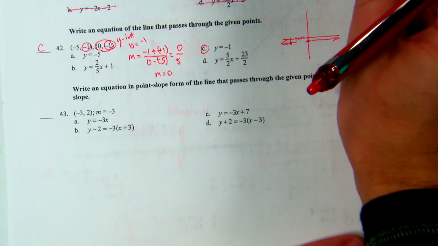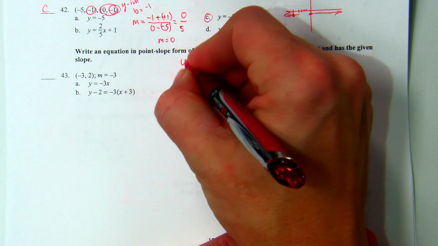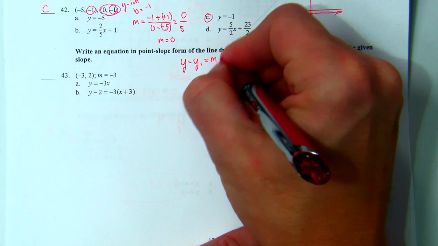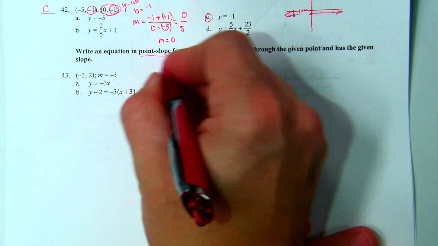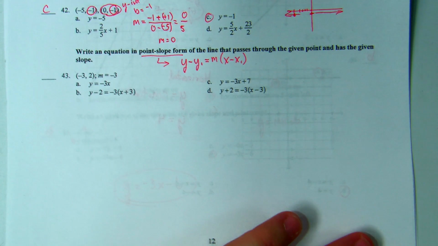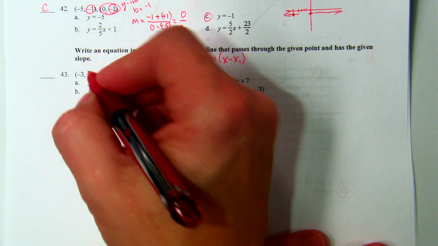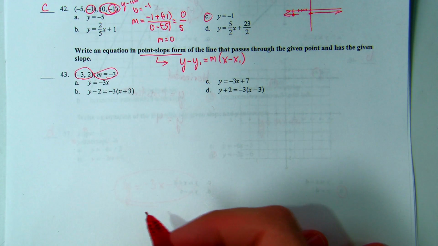Number 43. Number 43, write an equation in point-slope form. Well, point-slope form is y minus y1 equals m times x minus x1. That is point-slope form. We want to write it so that it passes through the given point and has the given slope. So here's my point. There's my slope. Drop it into the formula.